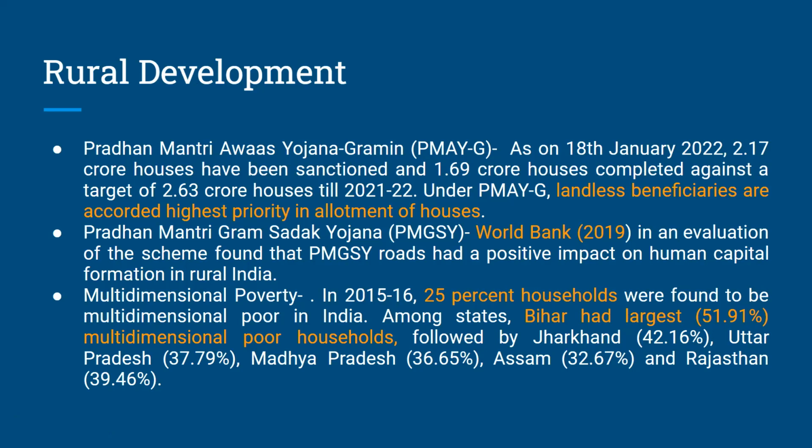With respect to Pradhan Mantri Awas Yojana, this point is very important: landless beneficiaries are accorded highest priority in the allotment of houses. With respect to Pradhan Mantri Gram Sadak Yojana, even the World Bank has commented that PMGSY routes had a positive impact on human capital formation in India.